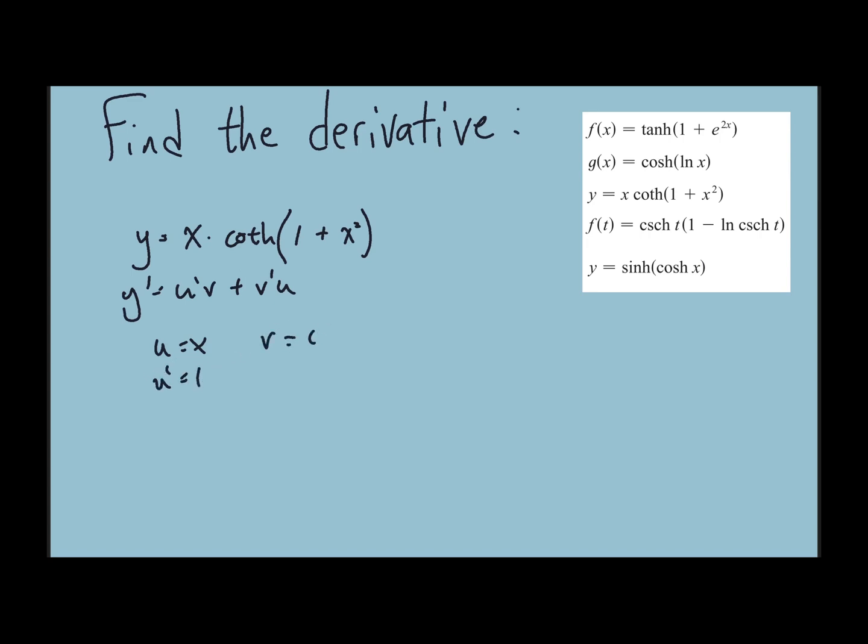And v is hyperbolic cotangent of this coolness, 1 plus x squared. v prime, 1 minus hyperbolic cotangent squared of the original. Chain rule. Don't forget to put parentheses around the whole thing, 2x, like so. I think that's right.